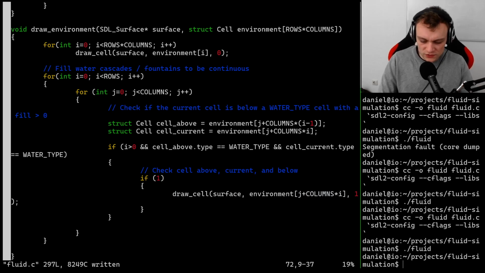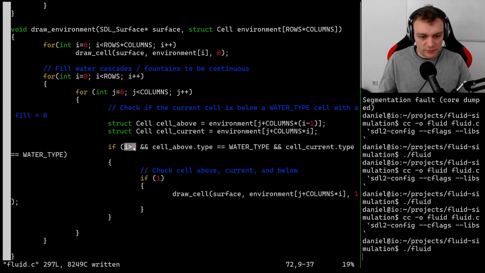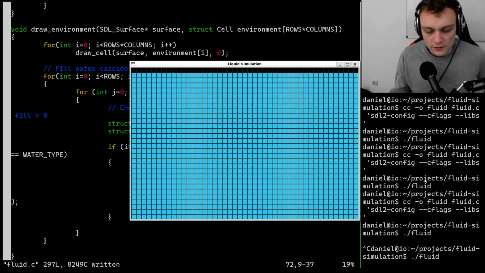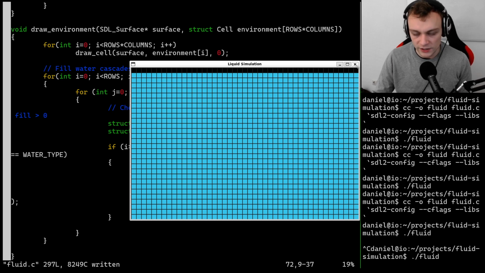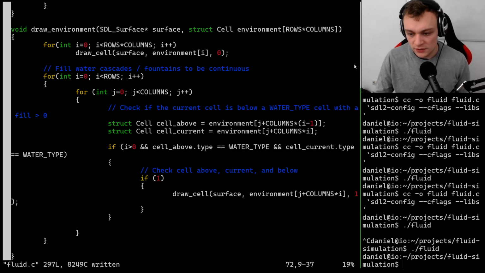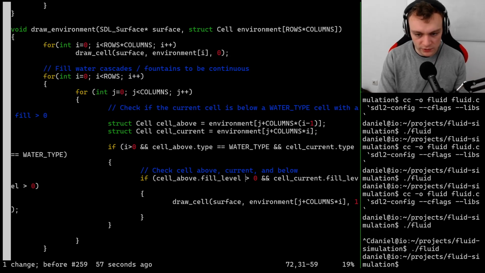Wait, I think it was interesting. So the first row is not being colored because right here we have this I bigger than 0 check. All the other cells are colored because they are water types. Of course, they don't have a fill. So that's messing it up. And here, that's why we check the fill level. It must be bigger than 0 for the cell above and the current cell.